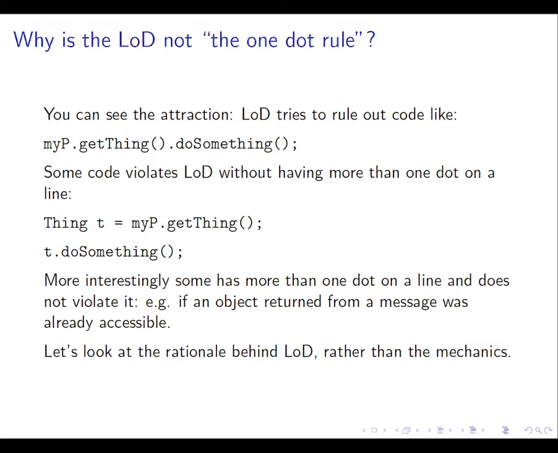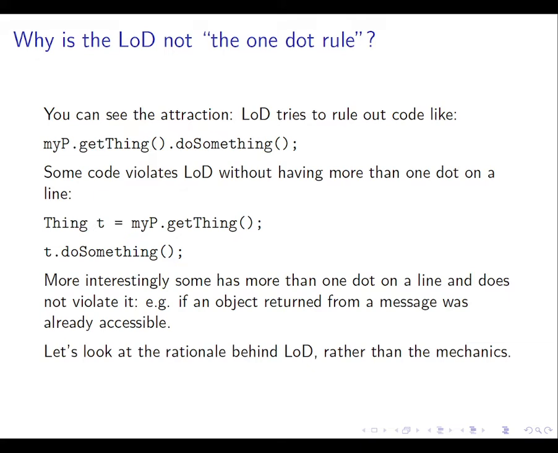More interestingly, sometimes you have code which does have more than one dot on a line, and it doesn't violate the law of Demeter. And the classic example is if you are sending a second message to an object that was returned from a first message, but the object that was returned was in fact already accessible. For example, perhaps it's the same object that you sent the first message to.